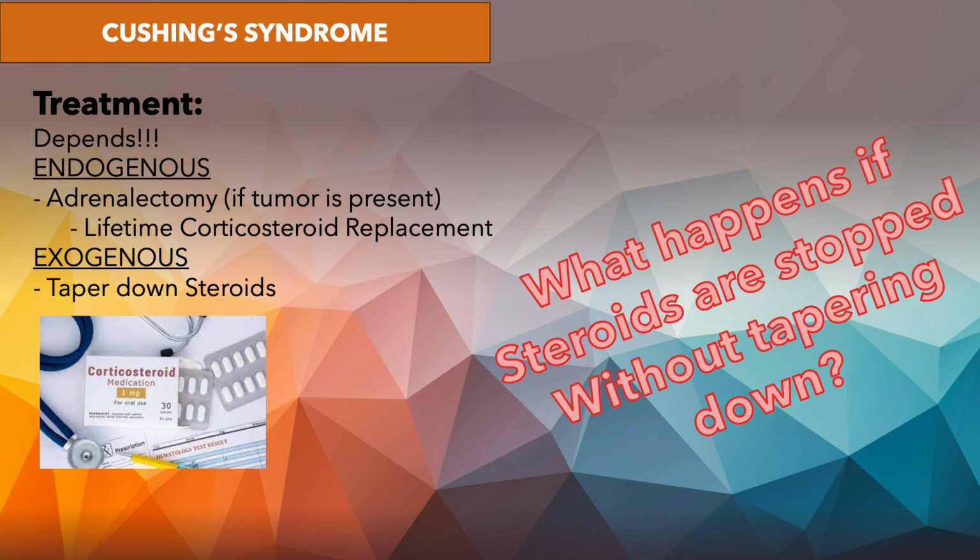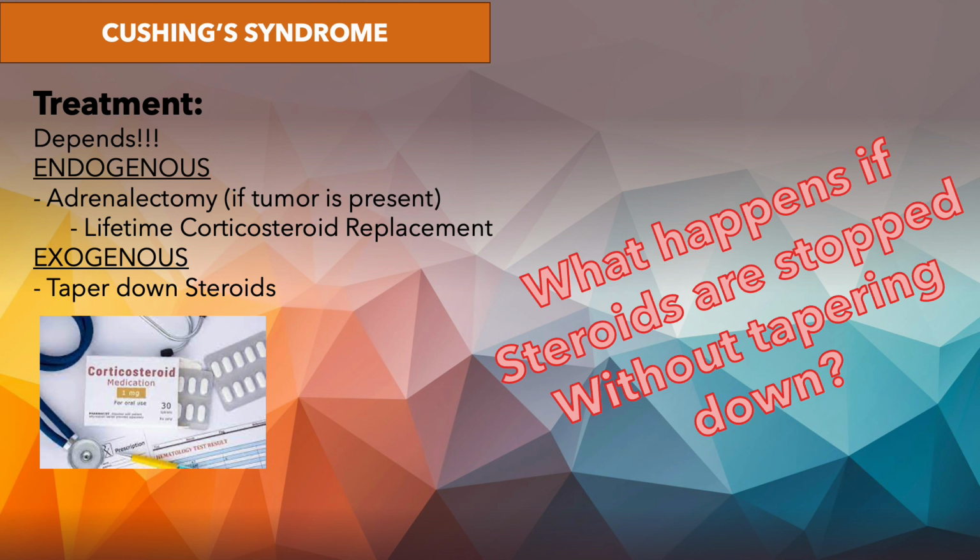So if you suddenly stop your corticosteroid medication, the adrenal gland is kind of taking a nap and kind of taking a vacation because it's gotten used to the external medication working for the body.